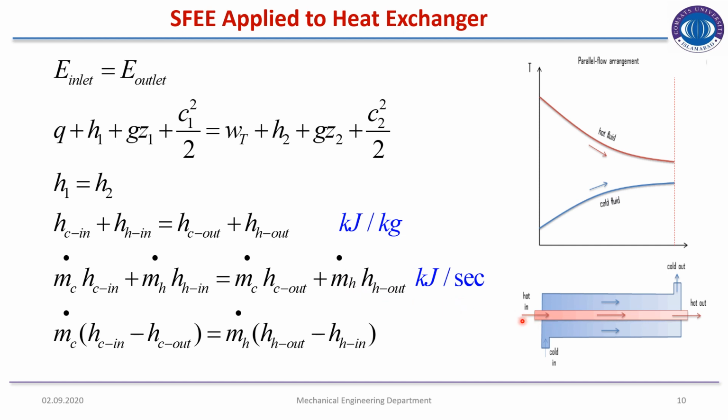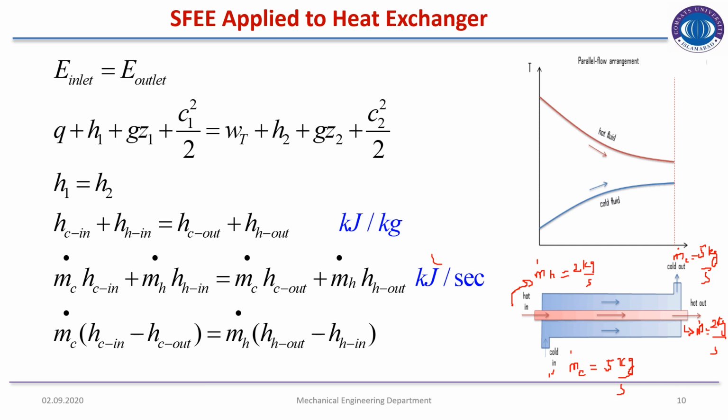Let's suppose the mass flow rate of hot m dot h is 2 kg per second, and the mass flow rate of cold fluid is 5 kg per second. Then the mass flow rate at out will also be 5 kg per second, and for the hot fluid exiting it is 2 kg per second. That will be the same.